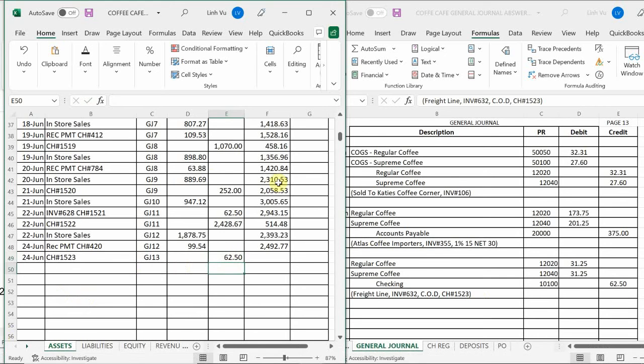So what is my ending balance in my checking account? $24.30, but I got 27, not 72.